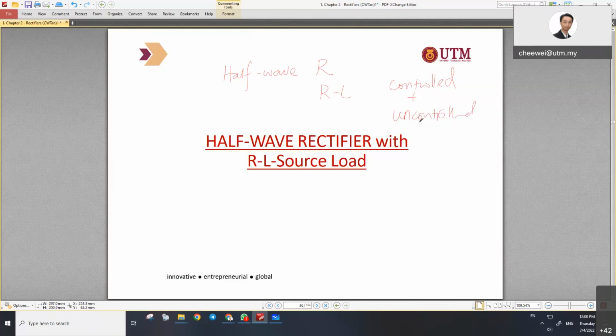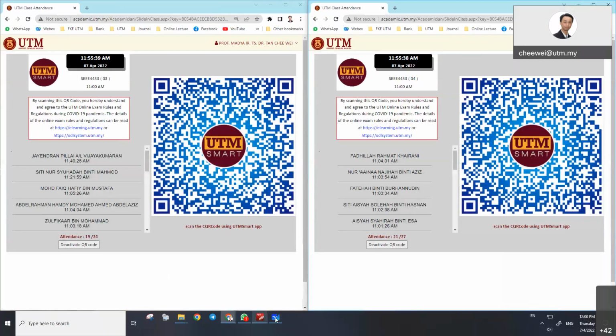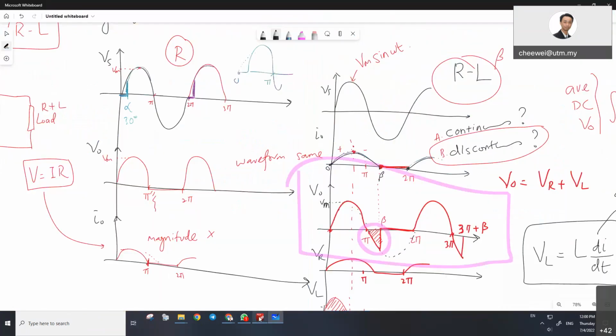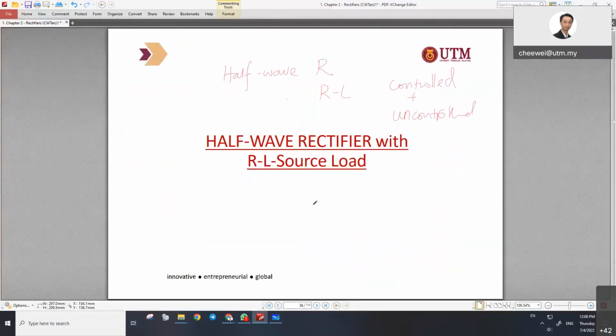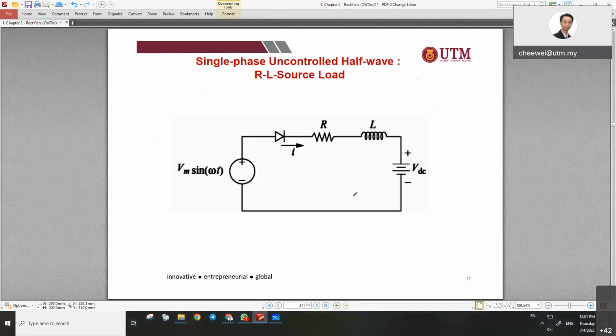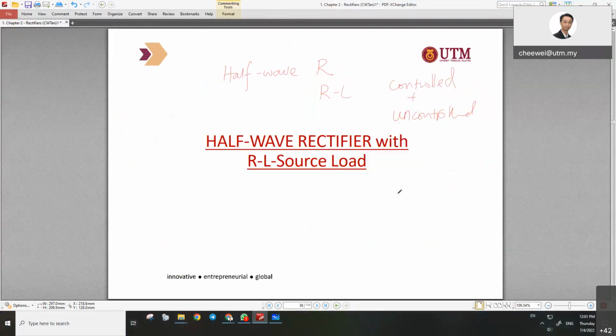I hope that you can do your own summary, including the equations, the waveforms and the circuits, before we go further, so that you don't have a lot of things to remember later. Anything, please ask. This is another story, by adding the source in. So we'll continue in the next class on Tuesday morning. Any problem so far? Any question?